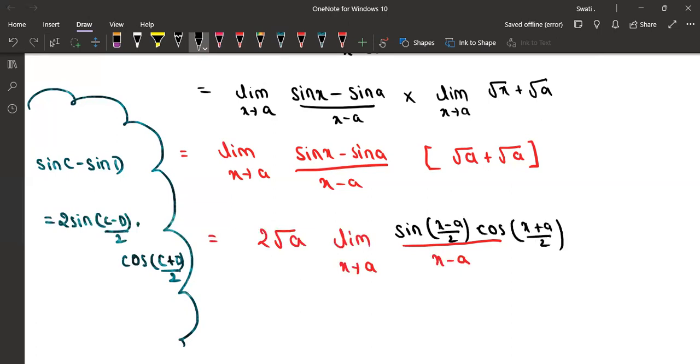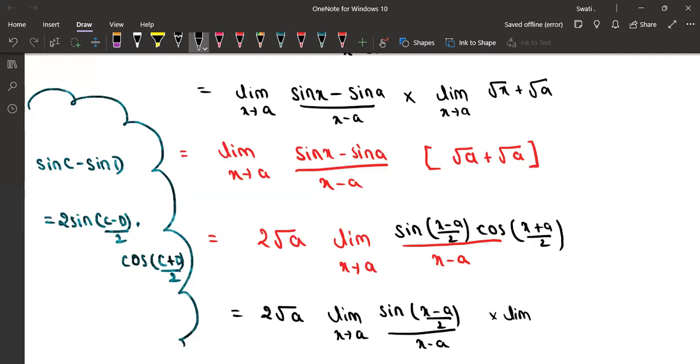Again, I write this 2 root a as it is, then limit x tends to a of sine x minus a by 2 over x minus a, and I distribute the limit with this cos, so limit x tends to a of cos x plus a by 2.